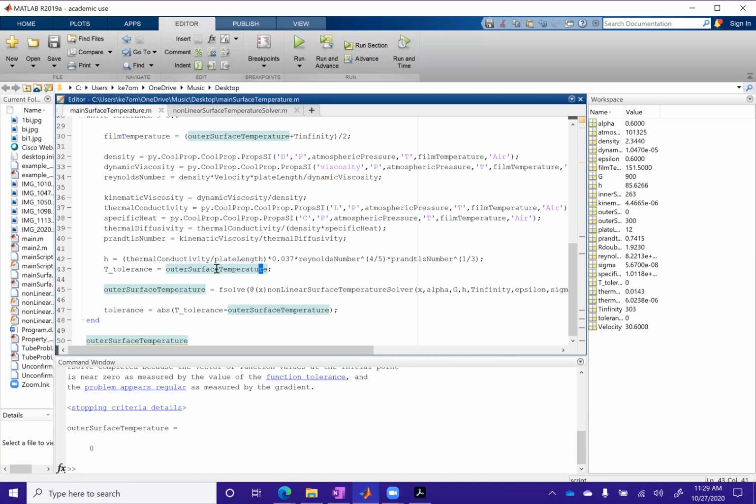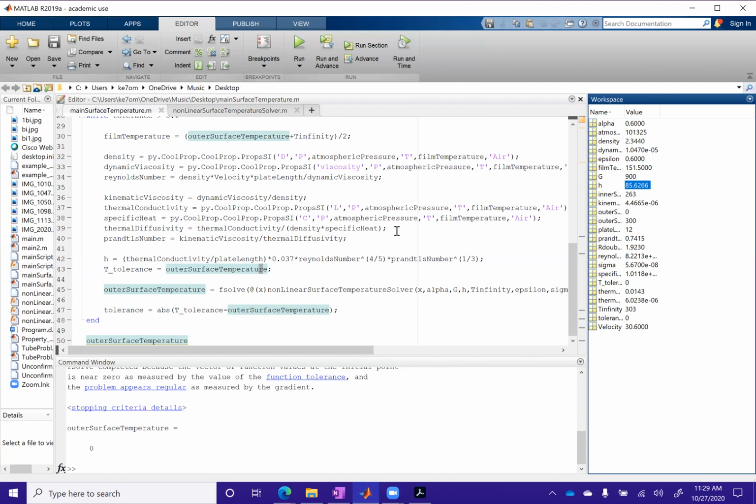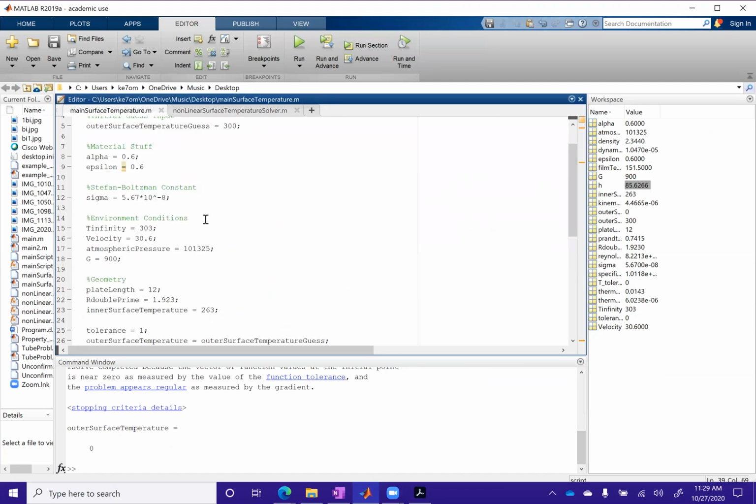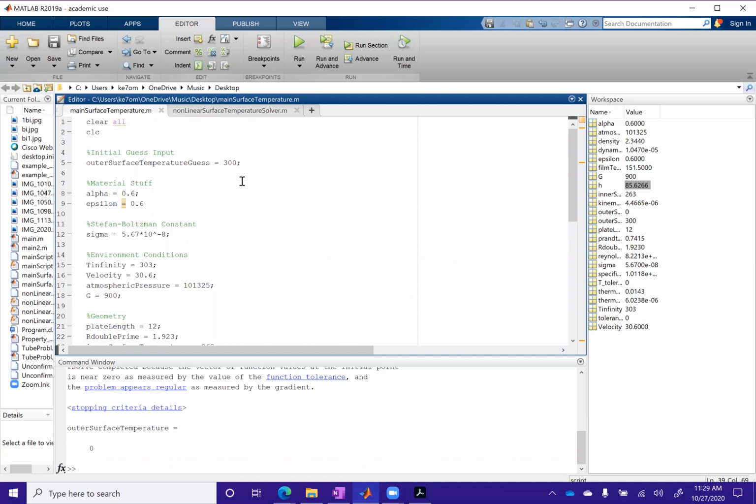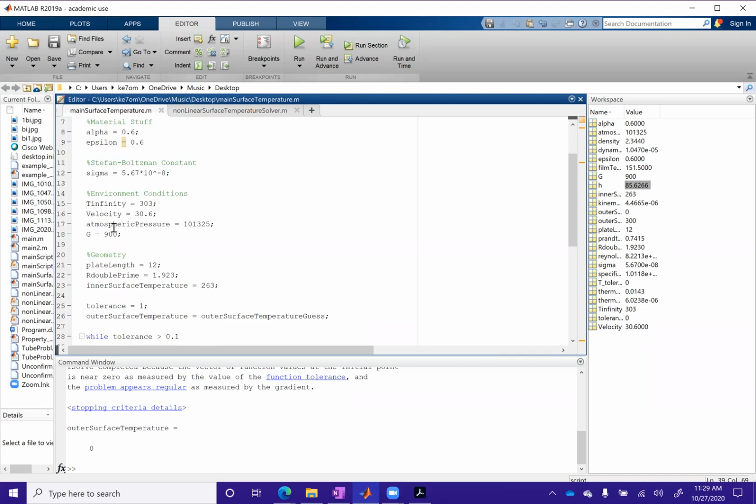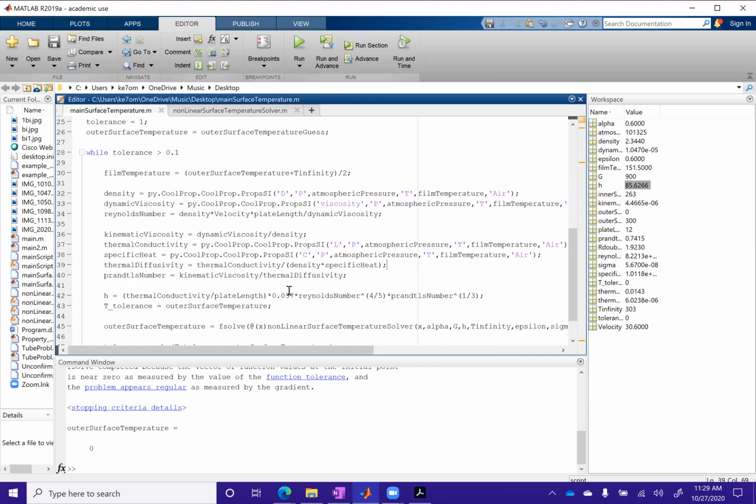Okay, H is thermal conductivity divided by plate length, 0.037 times Reynolds number to the 4/5 times Prandtl number to the 1/3. So let me make sure. So H is getting defined here, right? Let's see, what was my guess? Yeah, 0.6, 5.67 times 10 to the negative 8, T infinity, velocity, atmospheric pressure in pascals, 900 watts per meter squared, 12, 1.923, inner surface temperature is 263.